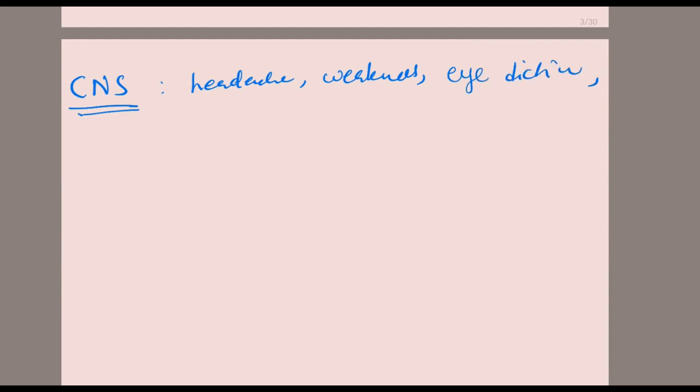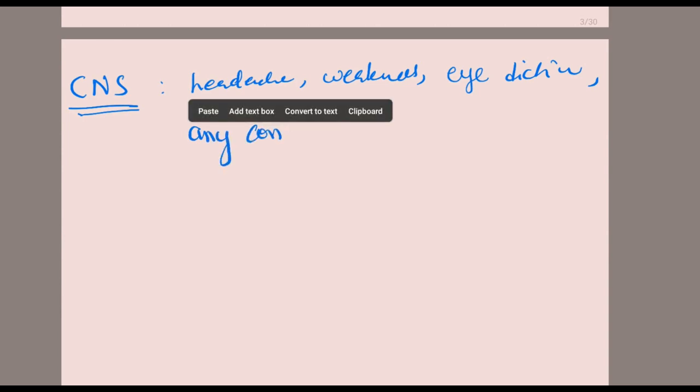And what do you ask in the case of the central nervous system? Headache, any weakness anywhere in the body, did you notice any eye deviations, any concern if the child is having a developmental delay?